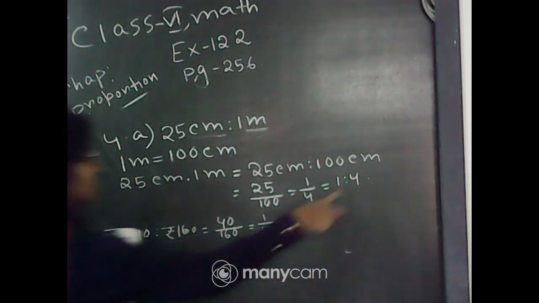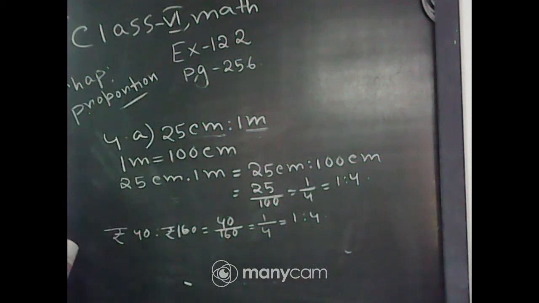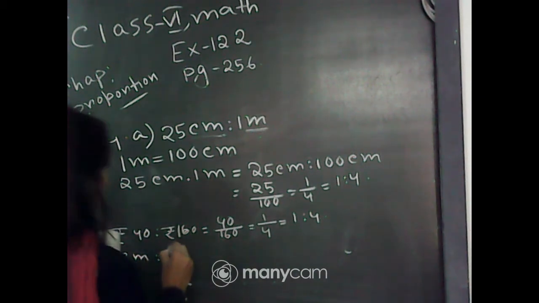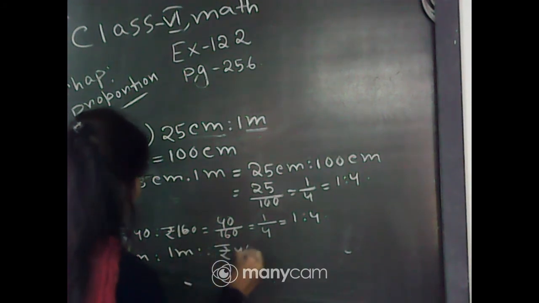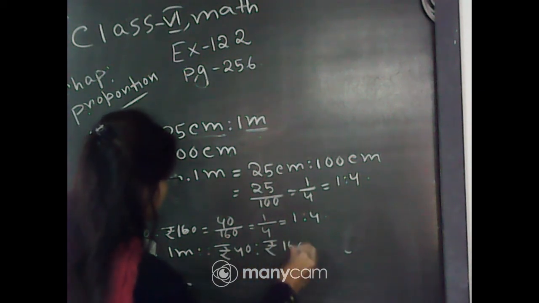Here both the ratios are equal, so the ratios form a proportion, and we can write this as 25 cm is to 1 meter, as rupees 40 is to rupees 160, isn't it?